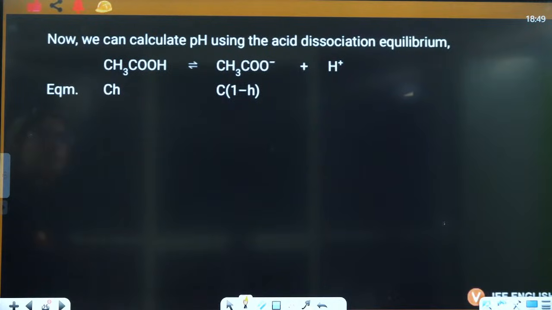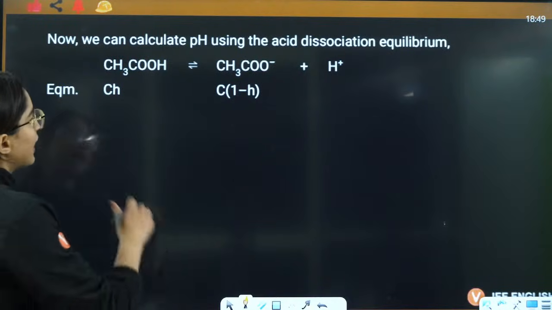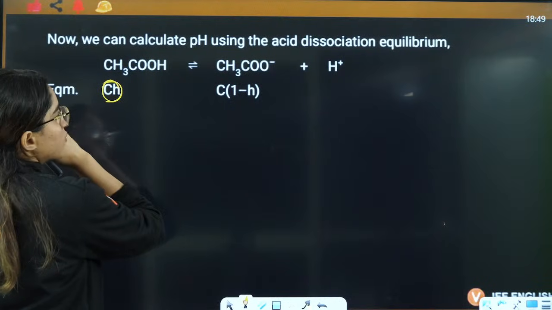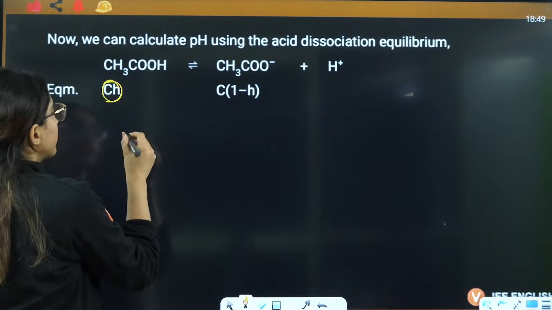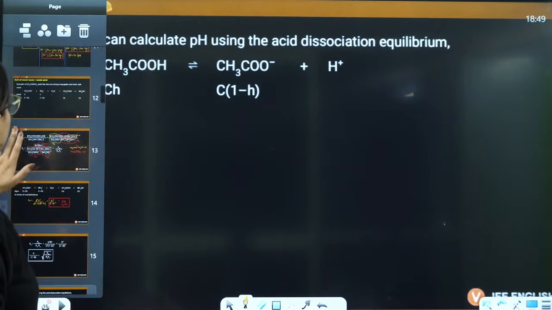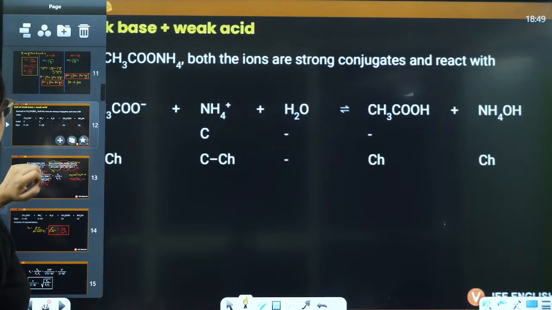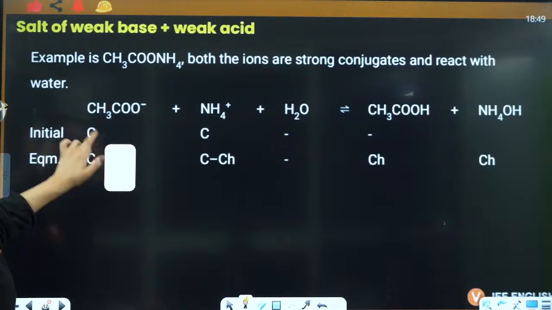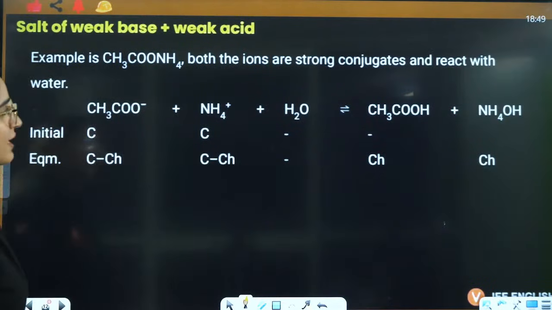Initially, CH amount is there, and the initial concentration of CH3COO negative was given to be C, and this is coming to be CH.